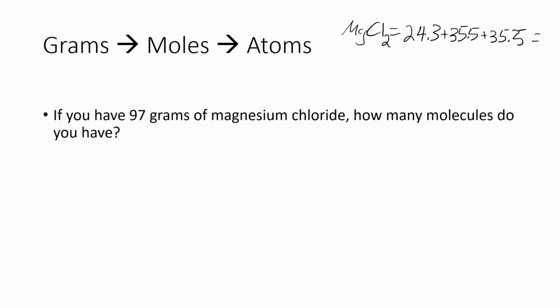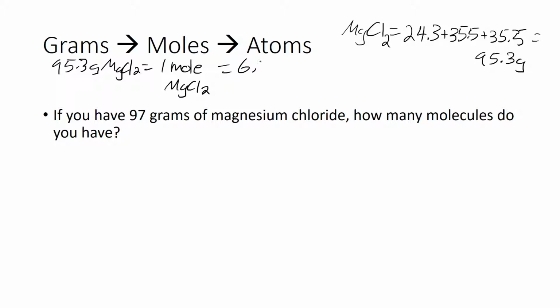Total mass for this whole compound is about 95.3 grams for every 1 mole. So 95.3 grams of MgCl2 for every 1 mole of MgCl2 is equal to Avogadro's number of atoms of MgCl2.